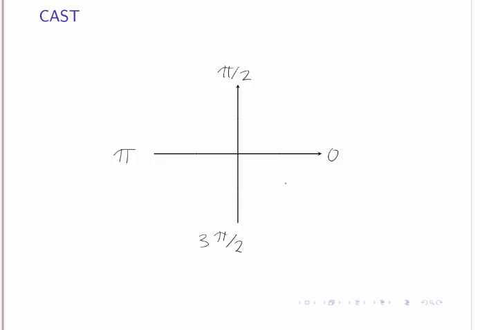And so remember C, A, S, and T. In quadrant 4, only the cosine is positive. In the first quadrant, all trig functions are positive, sine, cosine, and tan. In the second quadrant, only sine is, and in the third one, only tan is. And if you don't like CAST, you can remember all students take calculus.